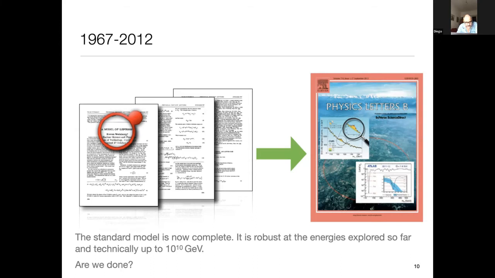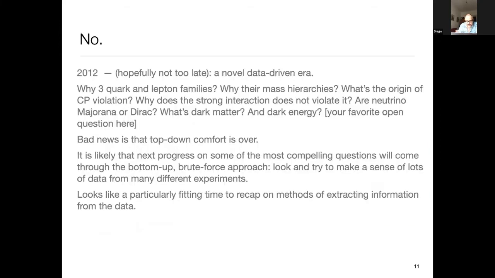And so this can be qualified in the form of various open questions. You might ask, why 3 quarks and 3 lepton families, why the mass hierarchies, etc. But all of these questions basically tell us that we do not have a top-down comfort anymore.